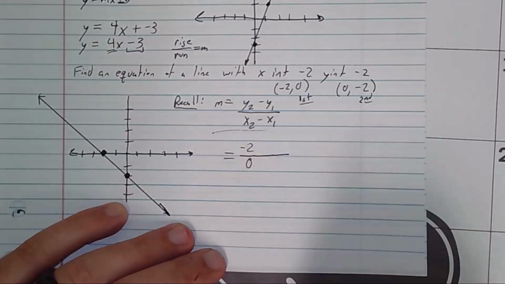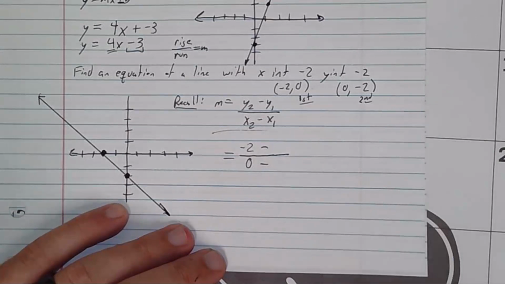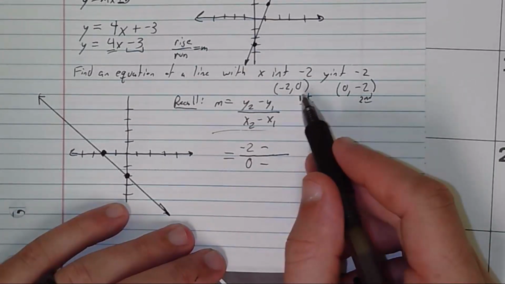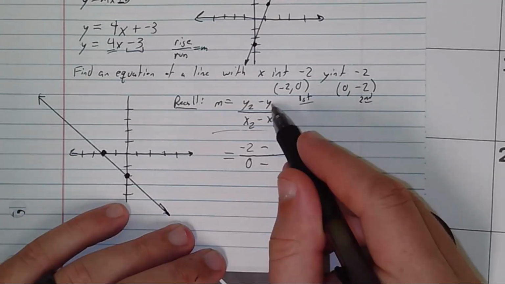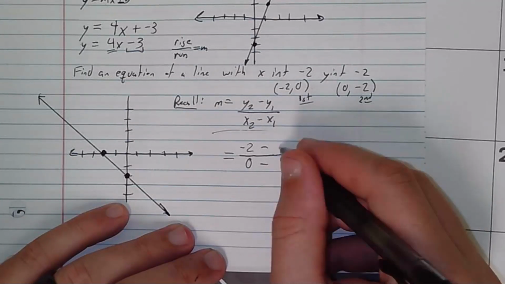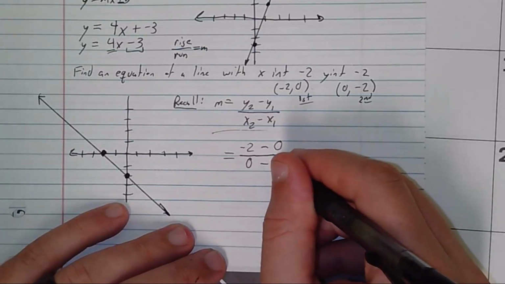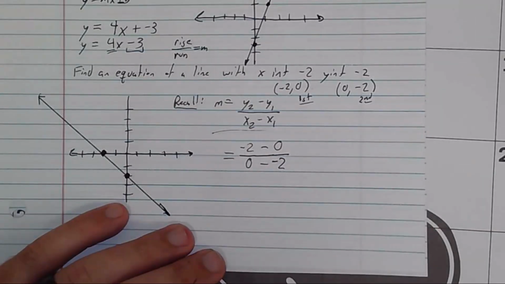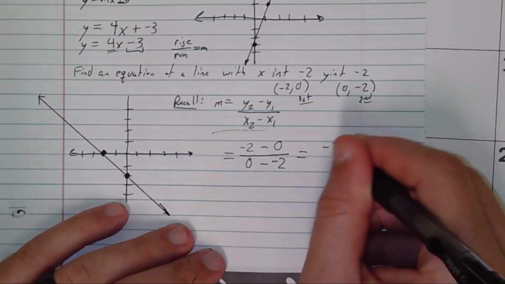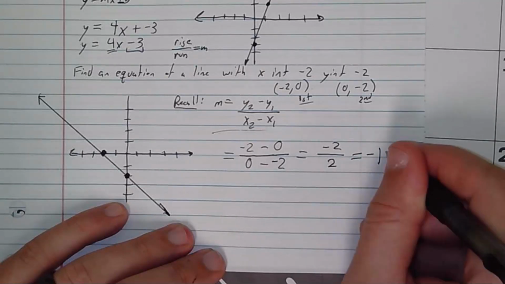Now I have a subtraction that is inherited from the formula. And then I'm going to use the first ordered pair to fill in x1, y1. y1 is the y coordinate from the first ordered pair, that's 0, and x1 is the x coordinate from the ordered pair, which is -2. Simplifying this all out, we get -2 over +2, which gives us -1 as our slope.